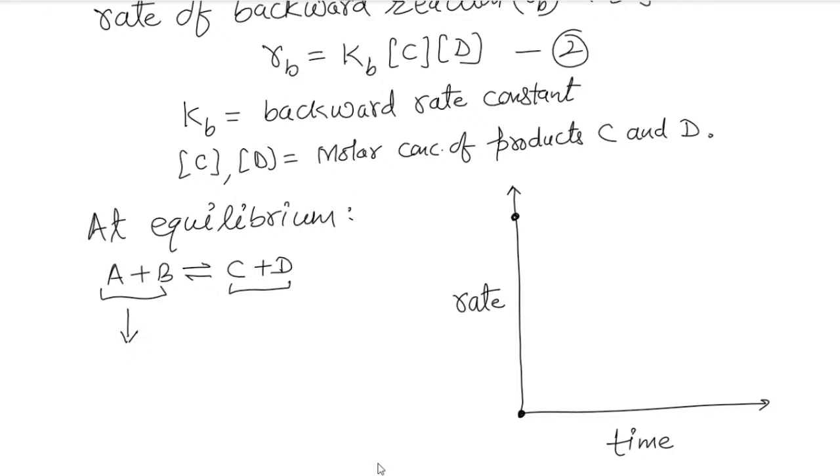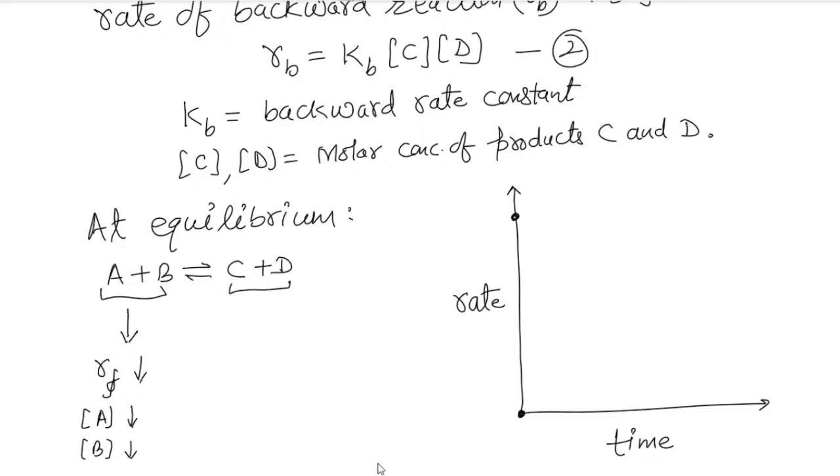But as time passes, A and B go on decreasing. So the rate of forward reaction decreases because the concentrations of A as well as B decrease, because reactants react together to give product.